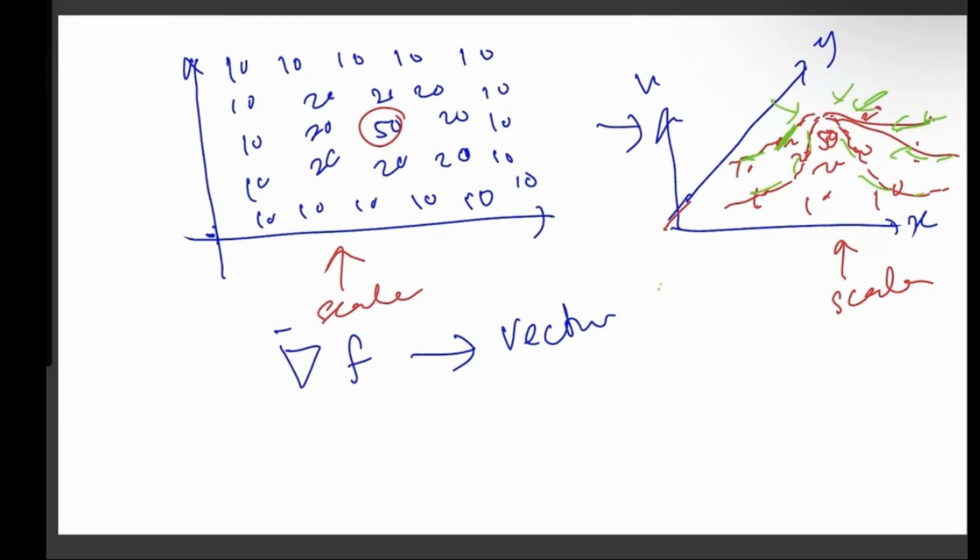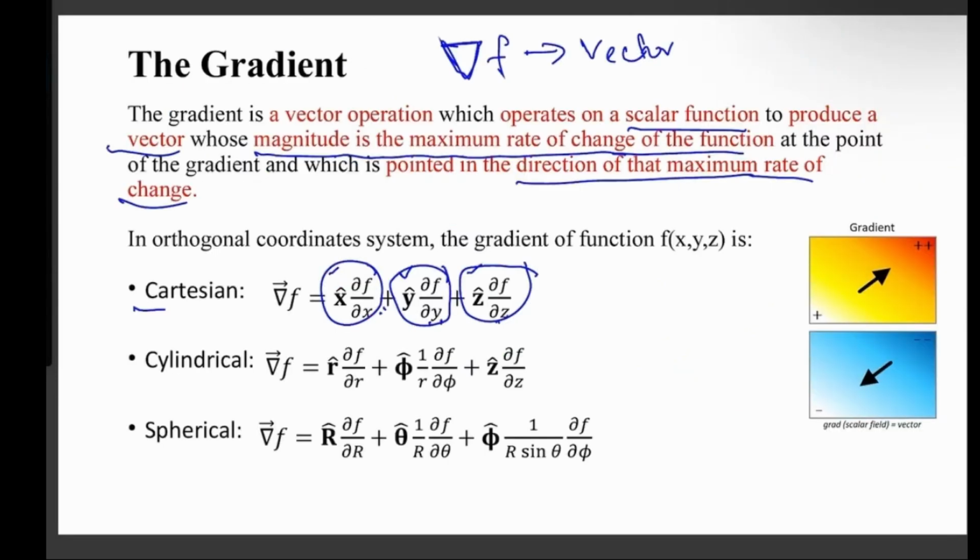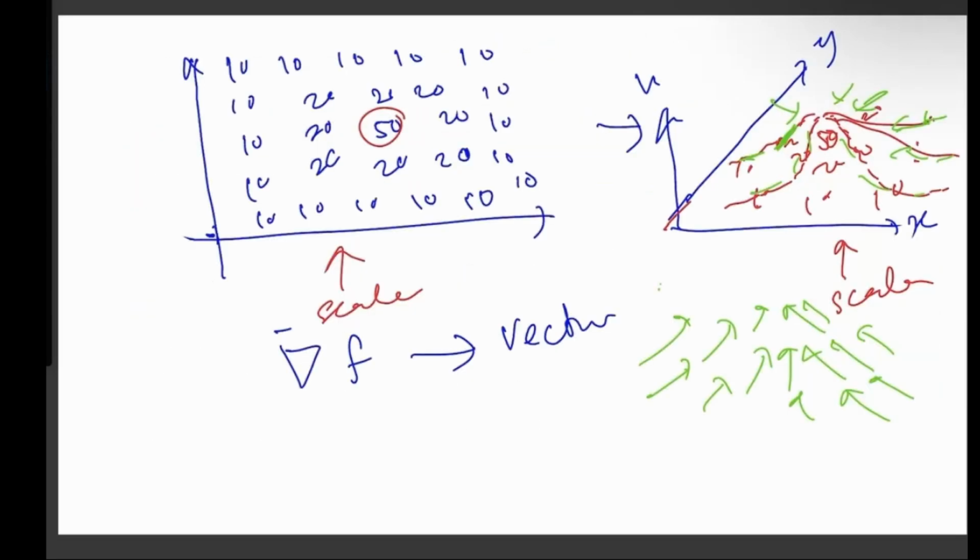The direction of the arrow shows the magnitude, which is the maximum rate of change of the function at the point of the gradient, which points in the direction of the maximum rate. Okay, this one is the maximum rate. The maximum is 50, so it will point to 50.